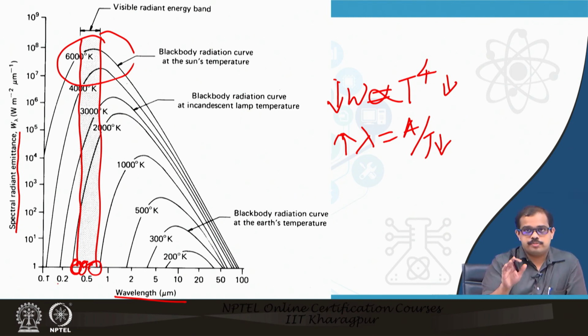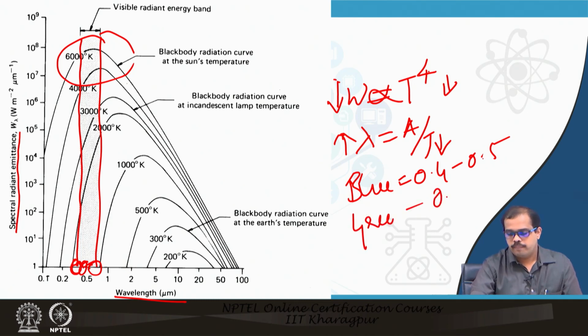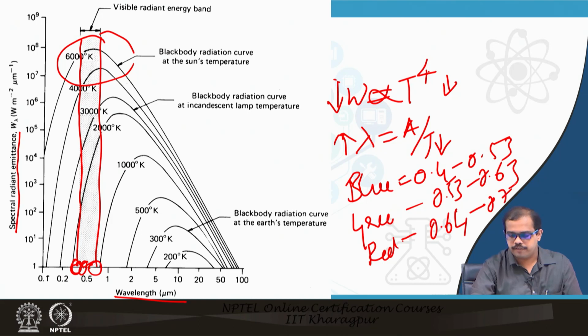In the electromagnetic spectrum, blue is somewhere around 0.4 to 0.5, green is 0.53 to 0.63, and red is somewhere 0.64 to 0.75.